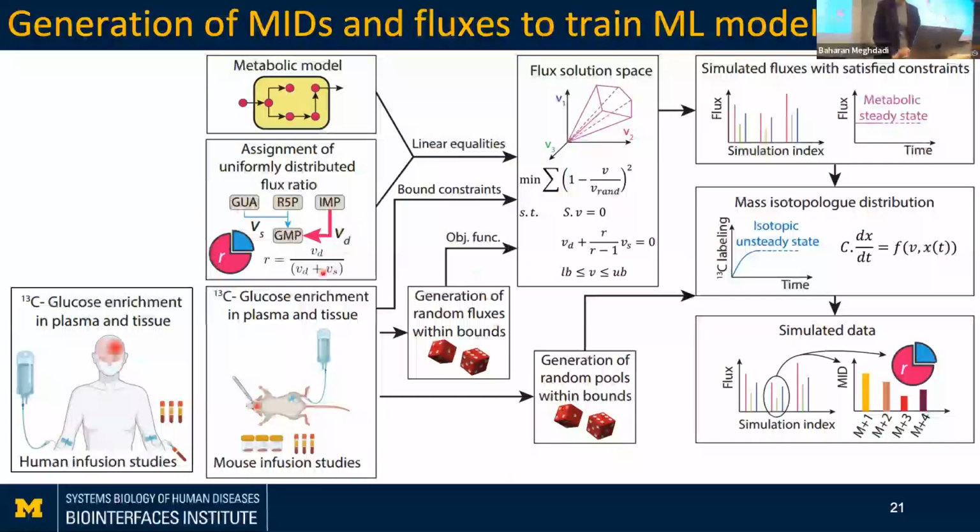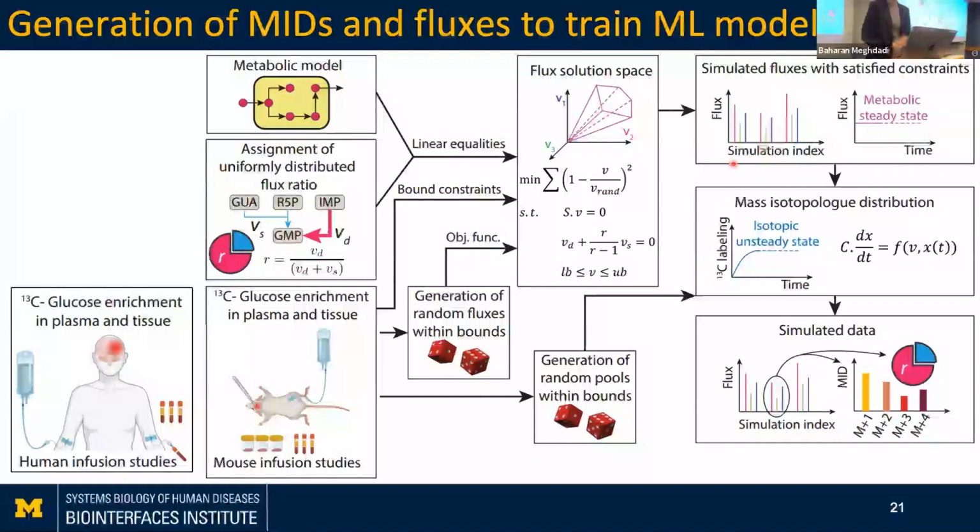And then we have the uniformly distributed ratio of de novo GMP synthesis to the overall GMP synthesis, and this is the value that we want to predict by our machine learning. And we also have a metabolic model.